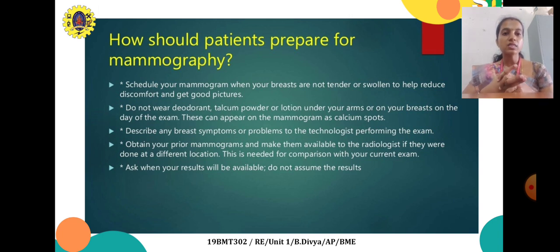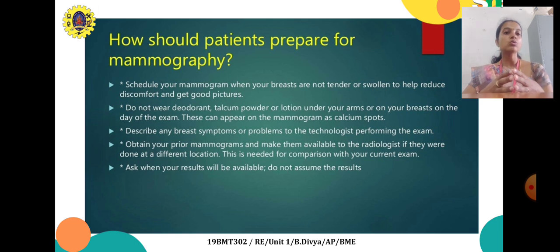Describe any breast symptoms or problems to the technologist performing the exam. Describe what kind of symptoms you have to the technologist who is going to take the mammogram. Obtain your prior mammograms and make them available to the radiologist, if they were done at a different location.